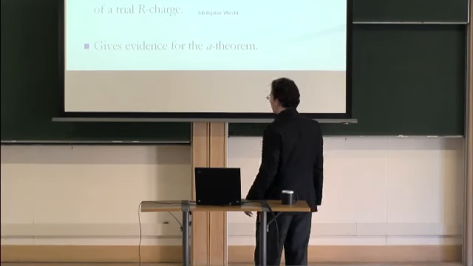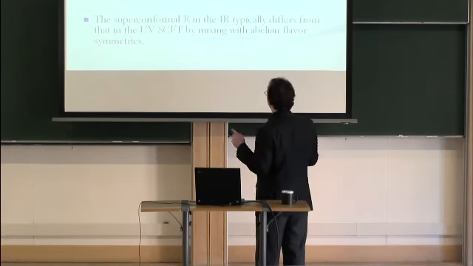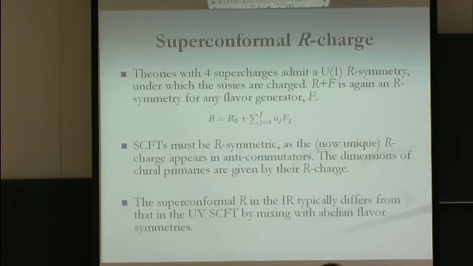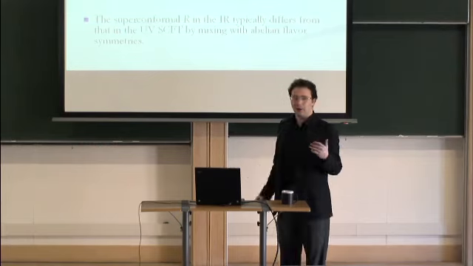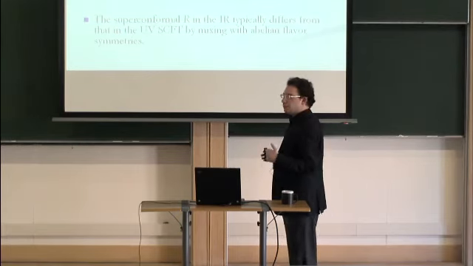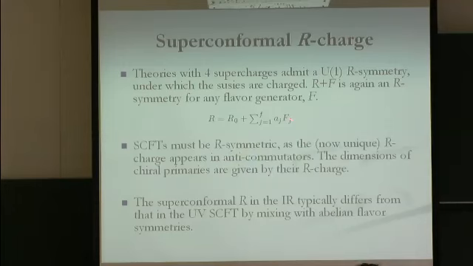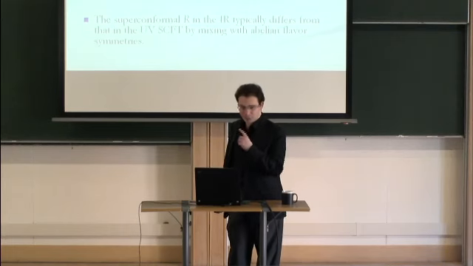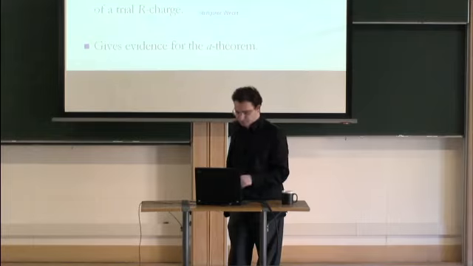Okay, of course, I should say in the examples I'm going to talk about, the infrared R charge and the UV R charge differ by flavor symmetries that you see already in the UV theory. In general, it doesn't have to be. You might mix with accidental symmetries, and then it's much harder to find what the infrared R charge is. That actually happens with the N=8 super Yang-Mills, which maybe I'll mention in a little while.